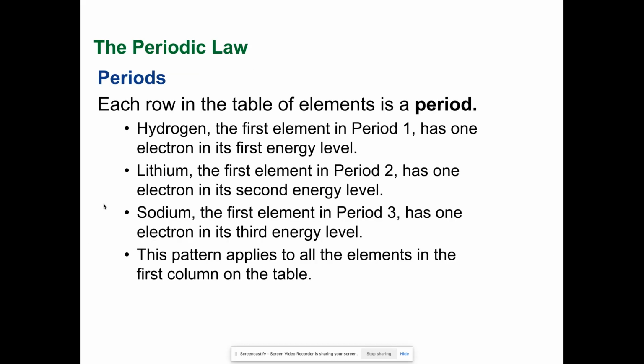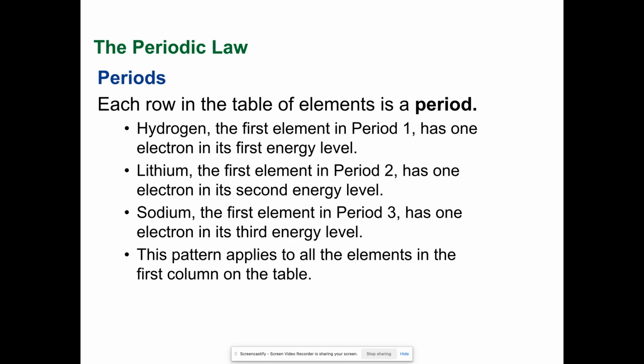Now lithium, the first element in period 2, has an electron in its first energy level. Or no, it's second energy level. I'm sorry, I'm reading this differently. Hydrogen has 1 valence electron in the outermost level, but it only has 1 electron, so that 1 electron is in the first energy level.